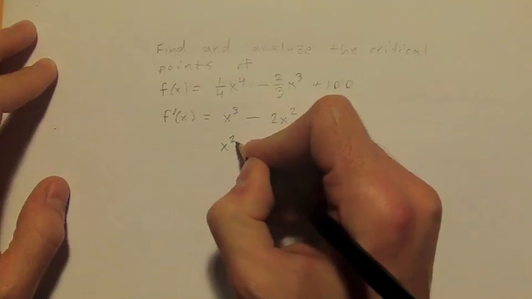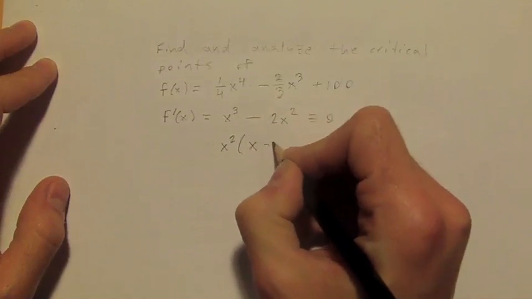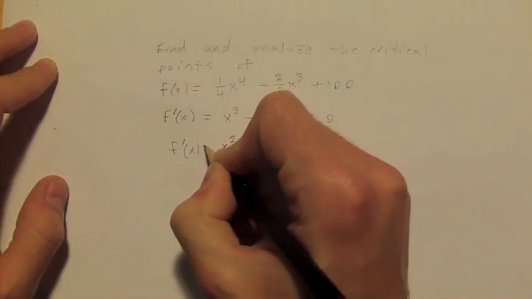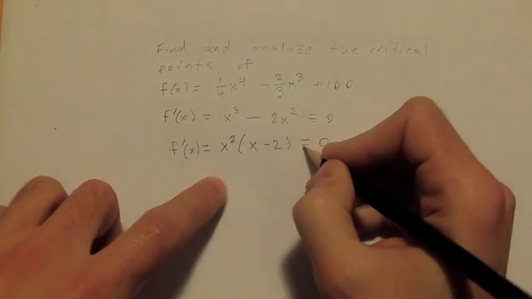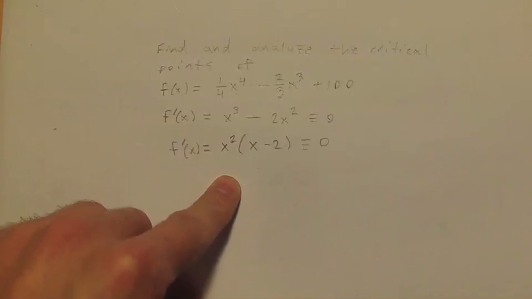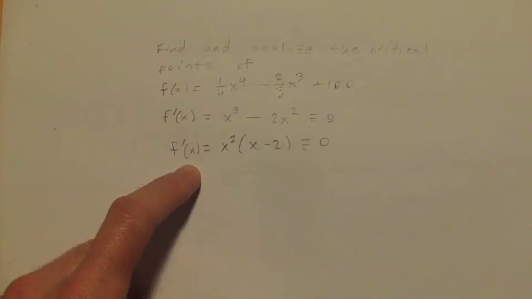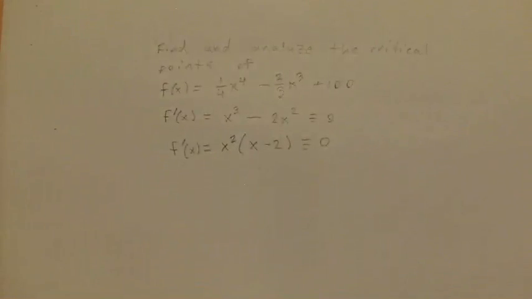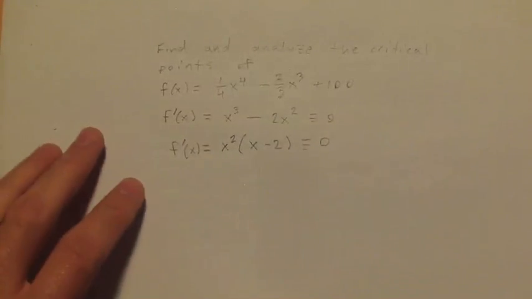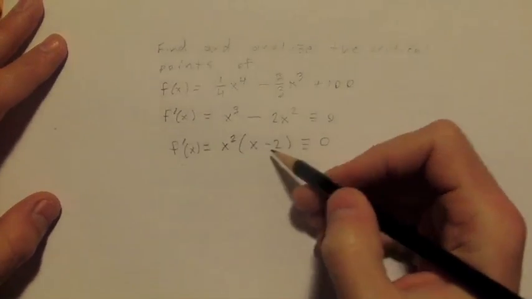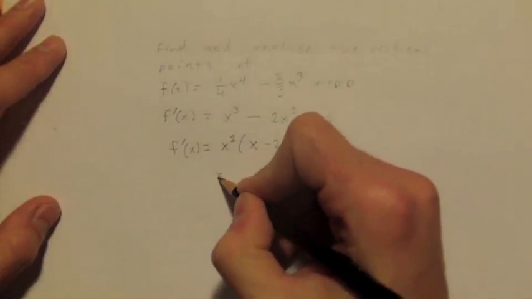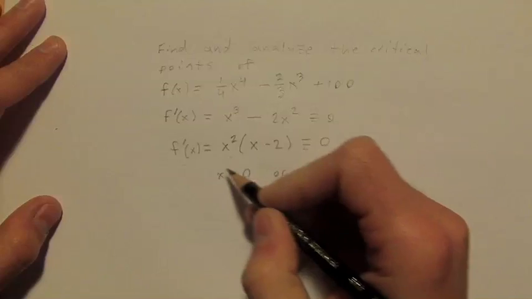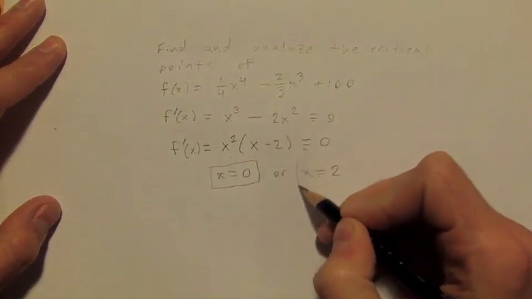So we're going to go ahead and factor x squared out, and then we get x minus 2. So we get x squared times x minus 2. Now I'm going ahead and calling this f prime as well, and you'll see why in just a second, because this factored version is going to be a lot easier to deal with. All right, so if x squared times x minus 2 is equal to 0, that means x is equal to 0, or x is equal to 2. Okay, so these are my critical points.